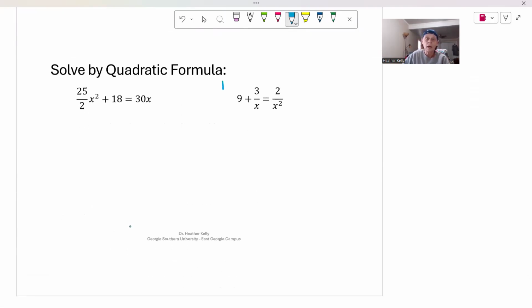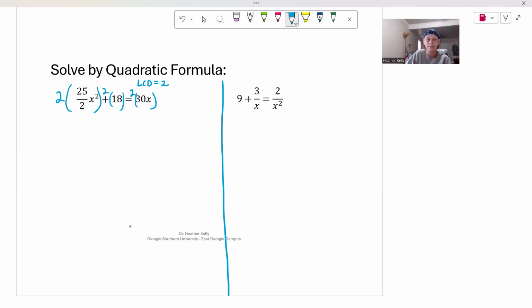So just like with factoring and everything else, I am going to absolutely stand firm on getting rid of fractions just from the start. I like to do fractions, but I like to get rid of fractions from the start here. So here we see that our LCD is 2, and we multiply everything through by 2, this piece by 2, this piece by 2, this piece by 2.